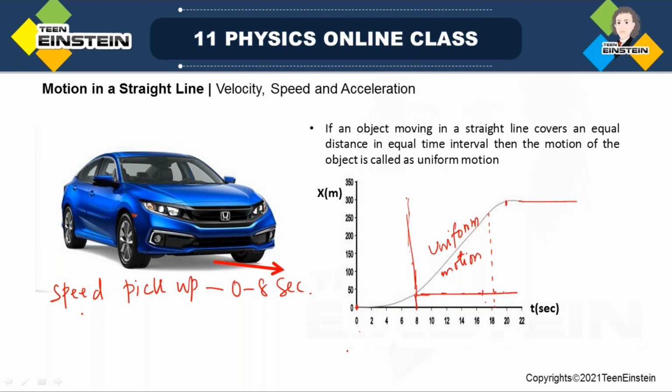Then uniform speed or uniform motion. Uniform motion means it travels equal distances in equal time intervals. So 8 to 18 seconds is uniform.